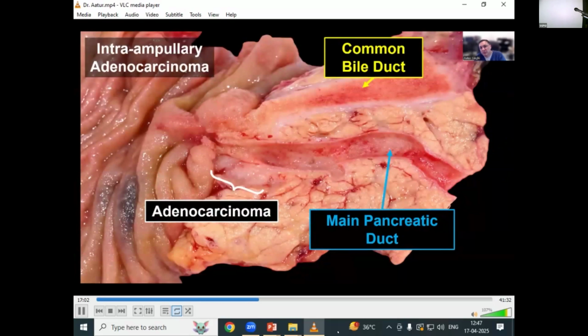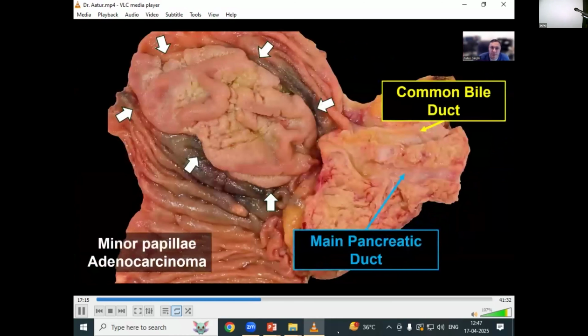Here's one last example of a subtle intraampullary adenocarcinoma where we slightly miss the epicenter, but it is wrapped around the ampulla and undermining the pancreatic ductal system, in fact growing underneath that ductal system overall. Now, not every ampullary adenocarcinoma is going to arise from the major papilla.